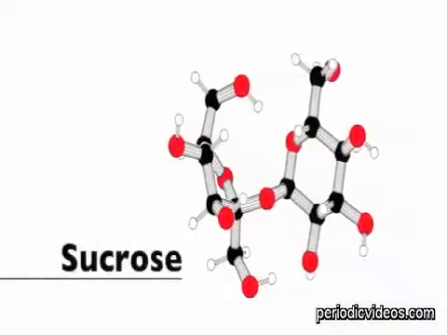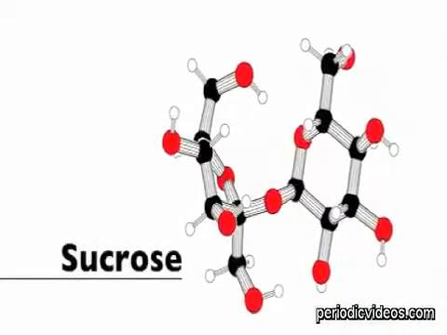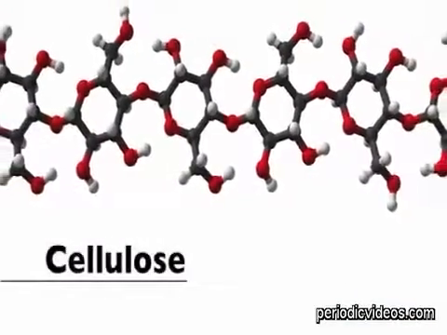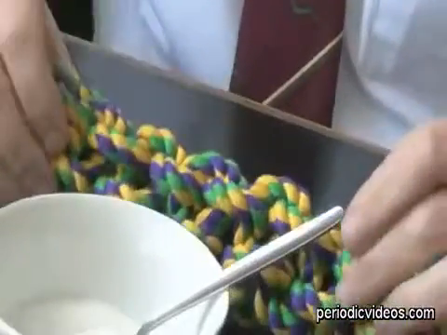These rings can join together to make very long chains, and depending how they join together, they can make either cellulose or starch.